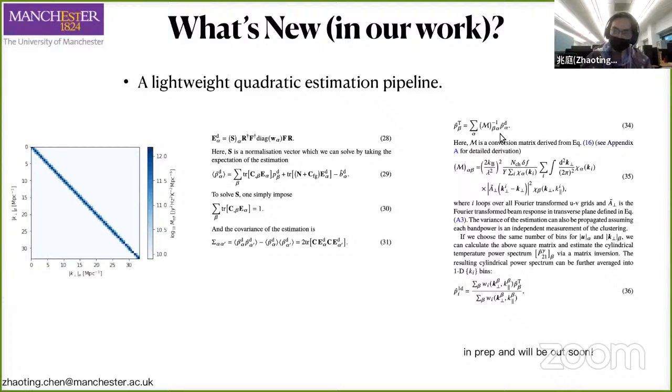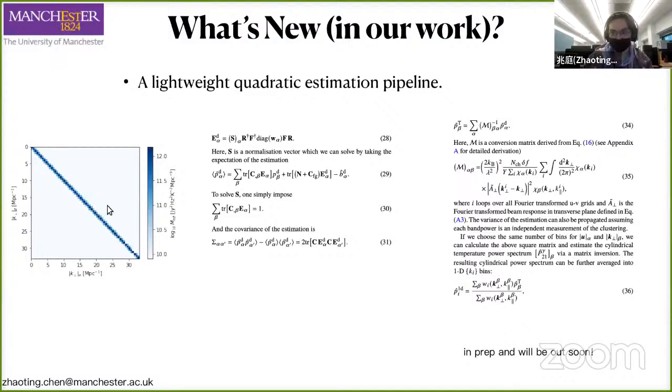But then to transform that into your cosmological temperature power spectrum, you just use this matrix, which takes account of your UV sampling, so it takes account of the PSF and the primary beam attenuation. This is also known as the window function in some sense.